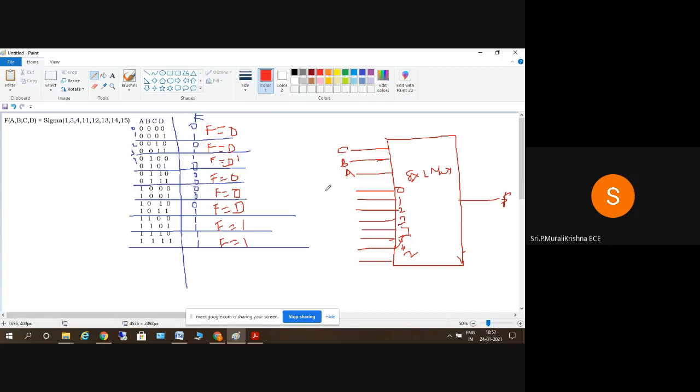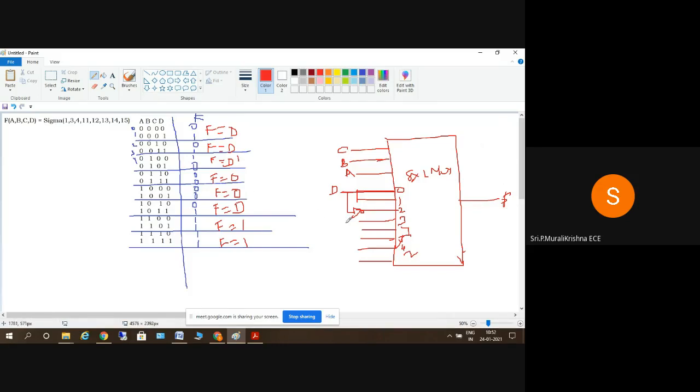Okay. The first one is D, and the second one is also equal to D. So I'm just giving a connection here. And the third one is, that is input 2, an inverter. I'll put an inverter here, or you can write D bar also, no problem.